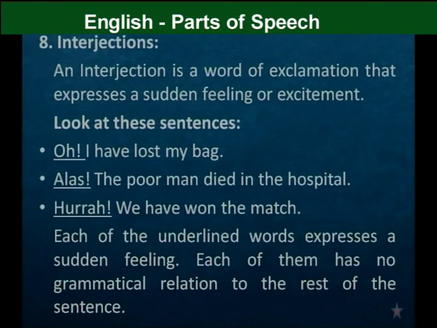These are all words used to express some sudden feeling. They are called exclamations, words of exclamation. So, an interjection is a word of exclamation that expresses a sudden feeling or our excitement. Let us see some examples.